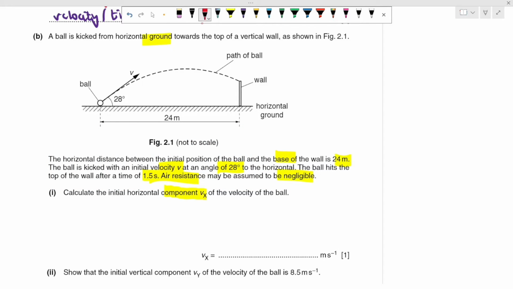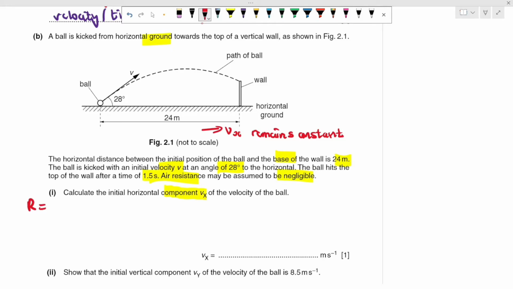The horizontal component, Vx, always remains constant. It always remains constant, right? It never changes.